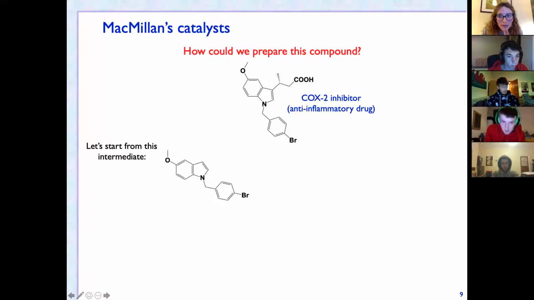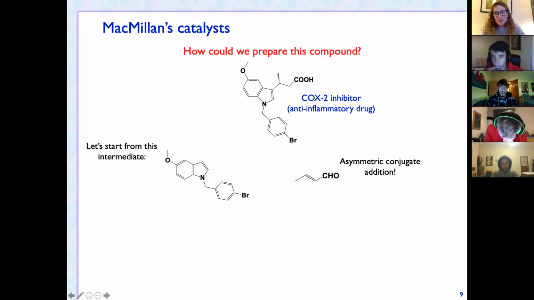So our aldehyde could be this one. So we can use these two starting materials here. And we need something else. MacMillan's catalyst. Exactly. We can use the MacMillan catalyst.